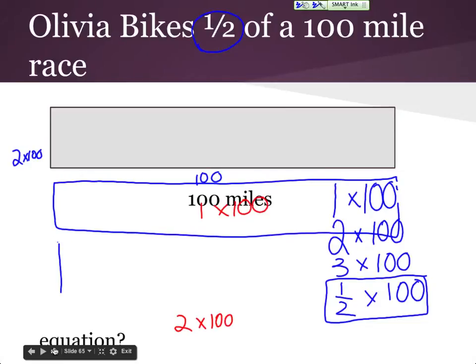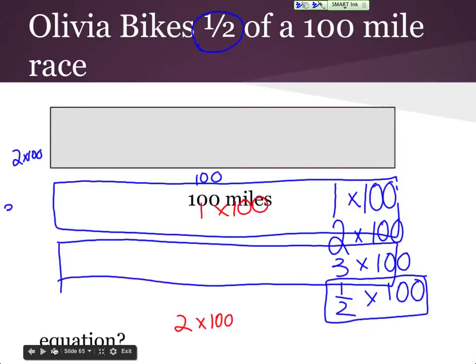If she did 3 races that were 100 miles long, she would do 3 times 100 because she would have to travel these 3 races, right? But if she only traveled half of the 100-mile race, what would we do with this fraction bar? Noah? Cut it in half.